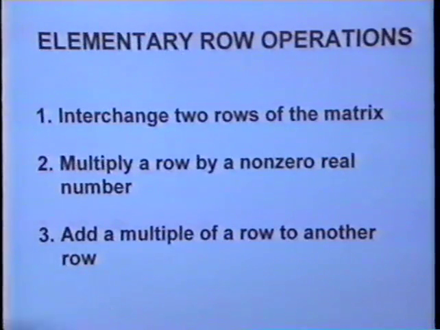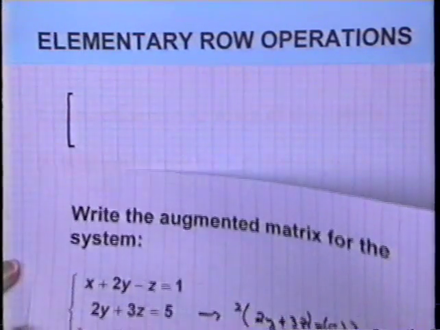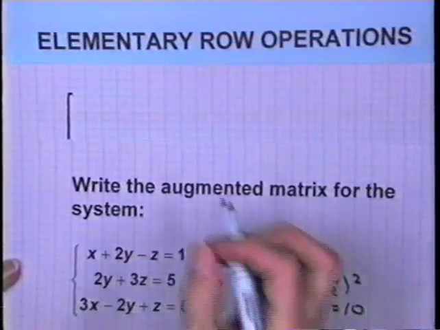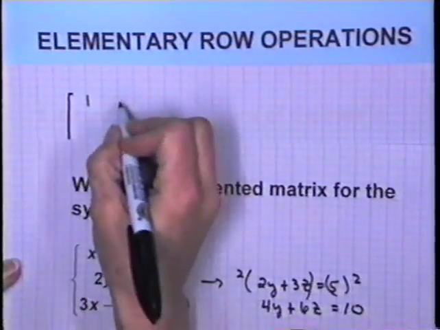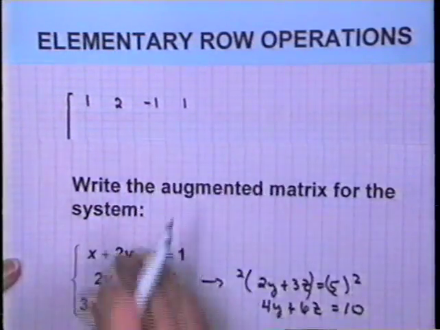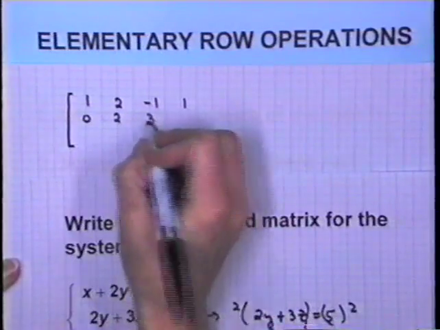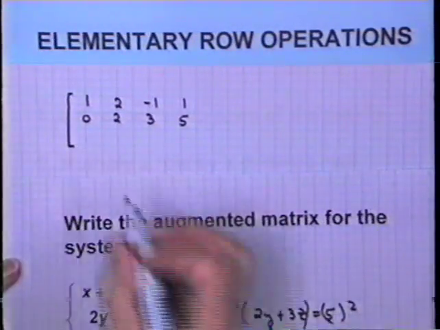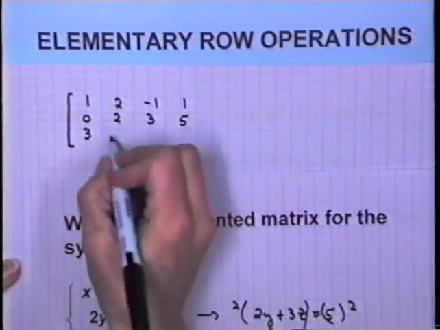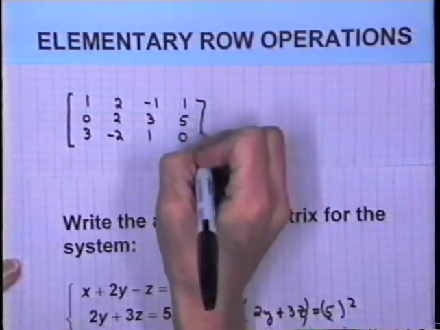Now, to do that one, I'm going to get a clean sheet of paper here, and I'm going to recopy the matrix that we had. Again, I'm going to use this same system of equations that we started with. 1, 2, that was -1 and 1. The second one we had a 0, 2, 3, and 5. And the third one was 3, -2, 1, and 0.